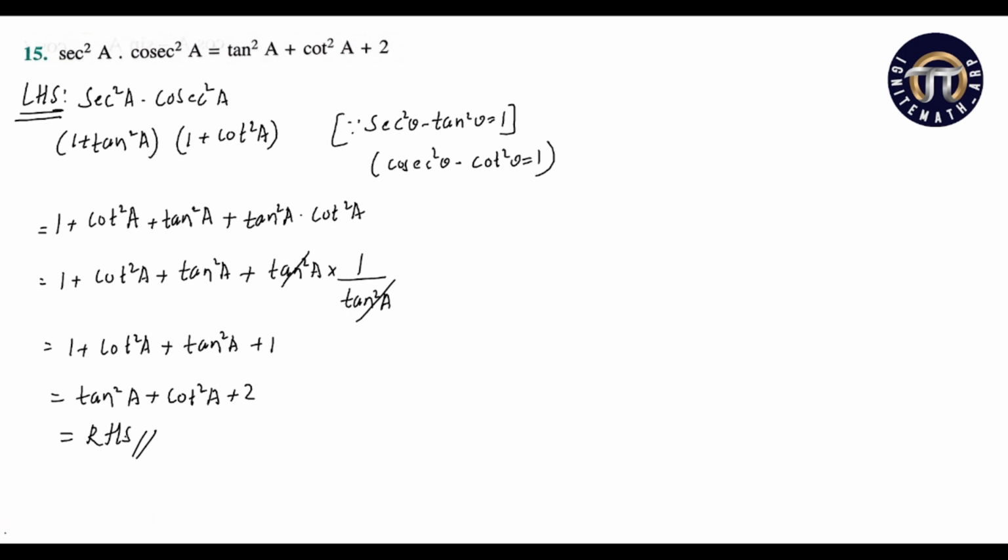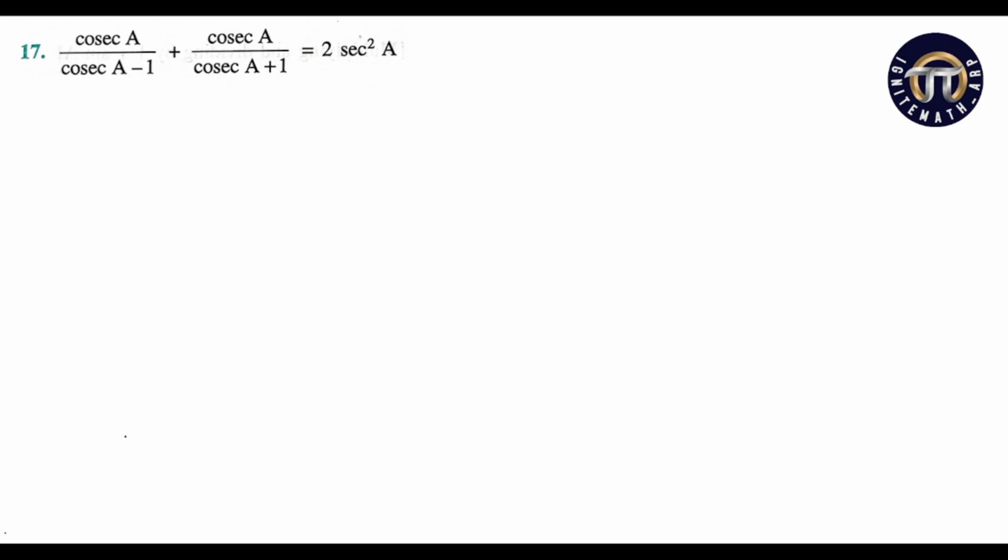So now let us move to the next question, that is question number 17. In question number 17, again I'm going to take the LHS. Look at this very carefully: cosec A by cosec A minus 1 plus cosec A by cosec A plus 1.